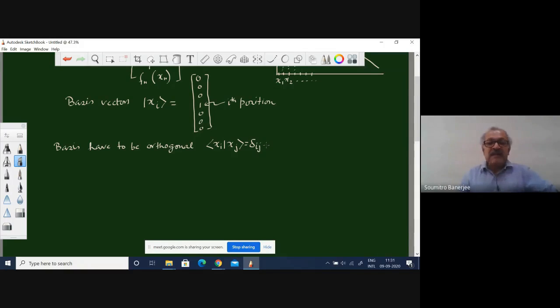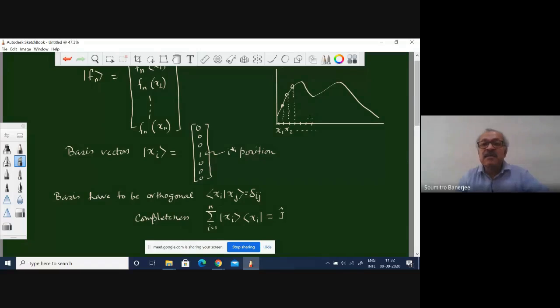Okay, that's one requirement. The other requirement is completeness, which is essentially saying that the summation over i equal to 1 to n of |xi><xi| should be equal to the identity operator. So these two are the essential requirements on the basis vectors.